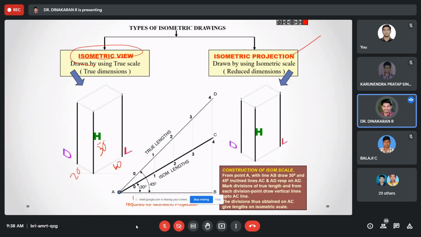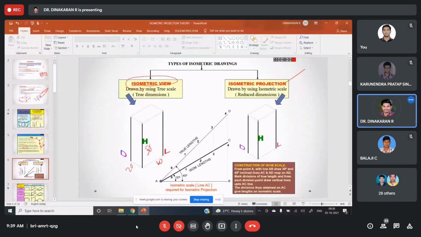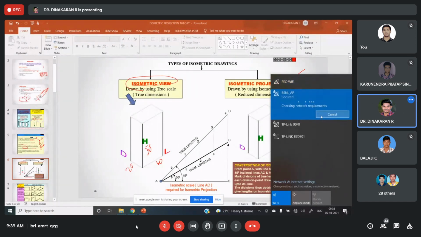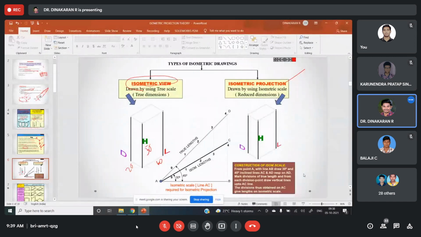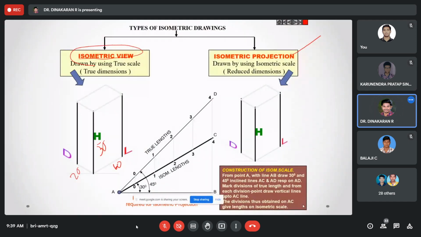But if the question asks for isometric projection, we need to follow the reduction. Isometric view means true scale, with the dimensions given in the question drawn directly. For isometric projection, we need to reduce the scale.